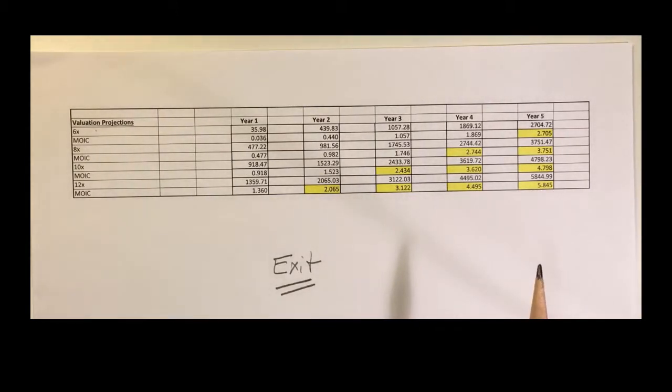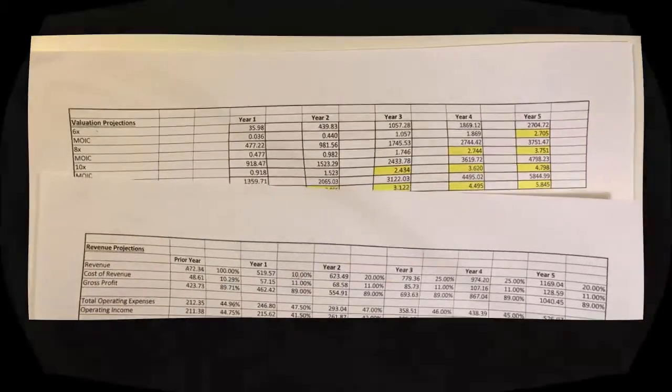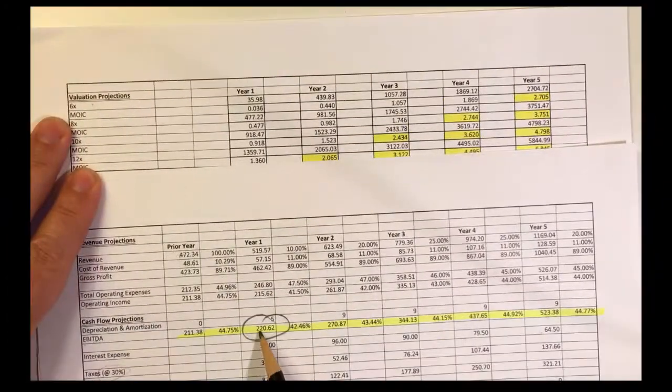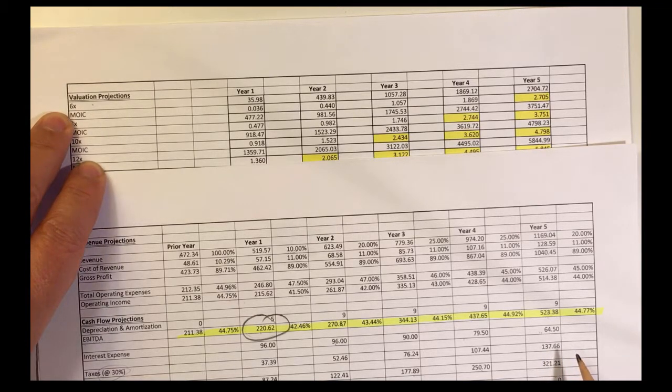And since we have a set of projections for each year, year 1, 2, 3, 4, 5, of what EBITDA is going to be, we can calculate what we would expect the purchase price for the business to be when it comes time for BGI to sell the deal, to flip it, and to take its money off the table.